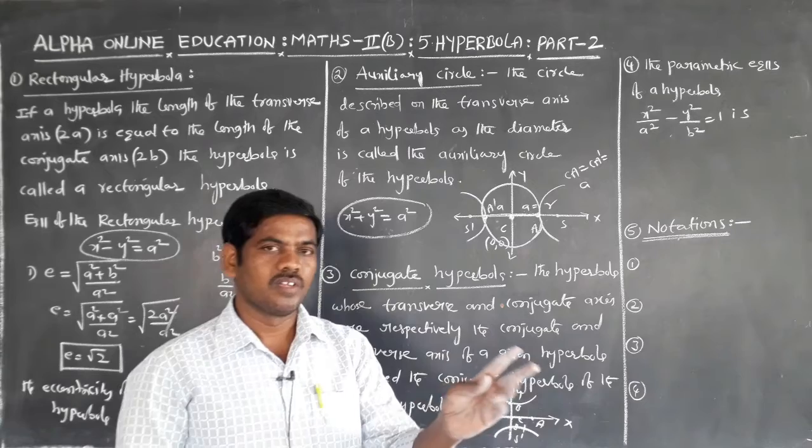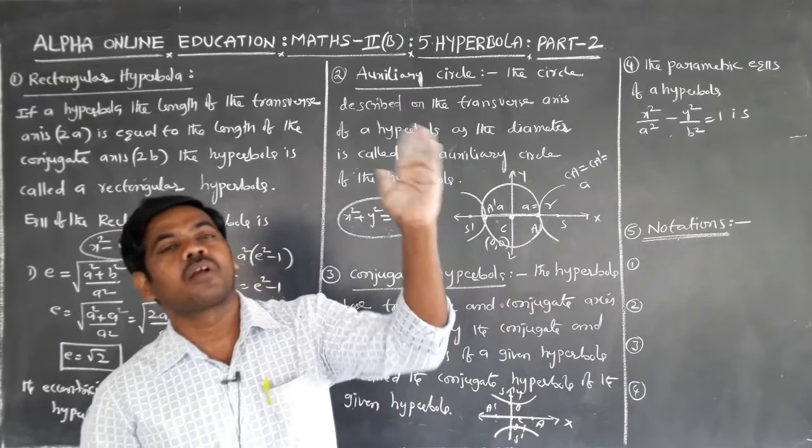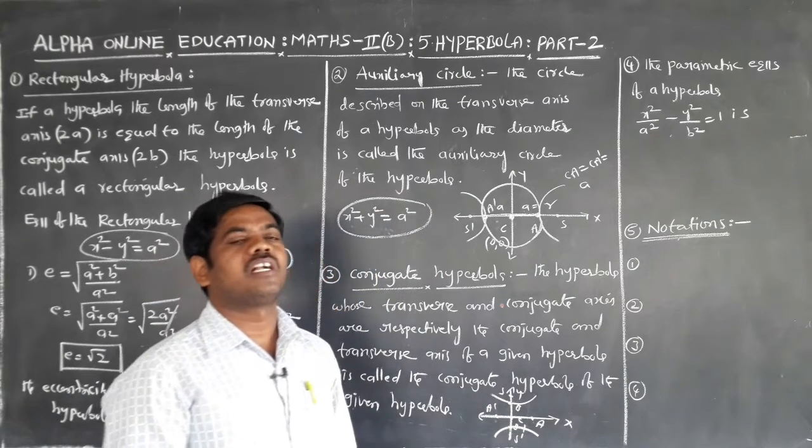Here the transverse axis changes into the conjugate axis, and the conjugate axis changes into the transverse axis.